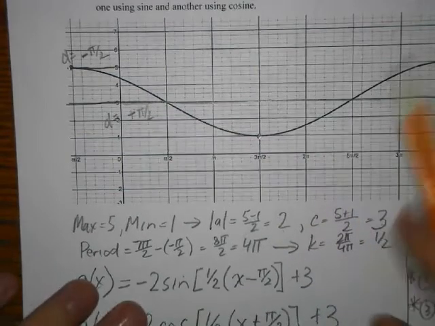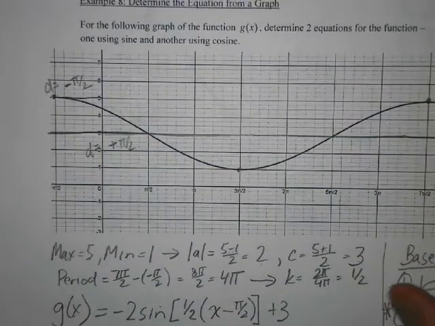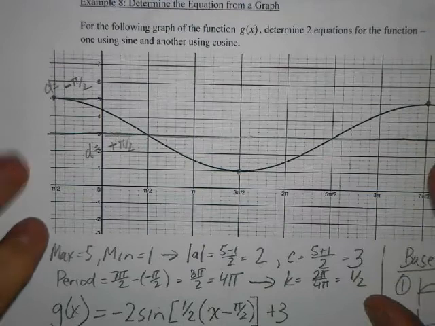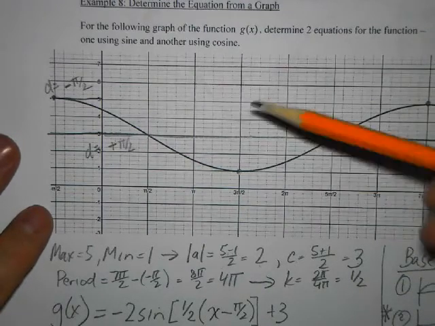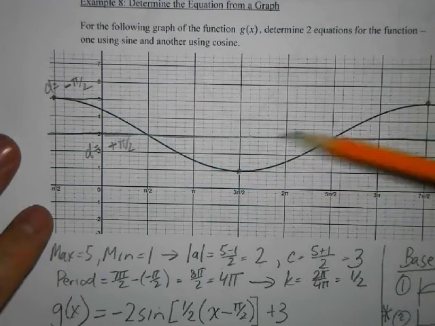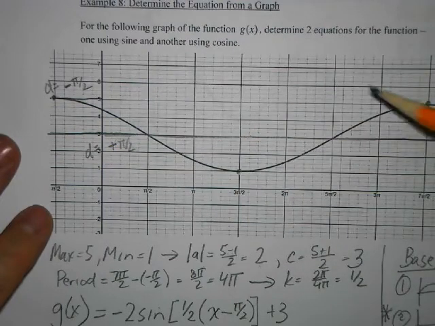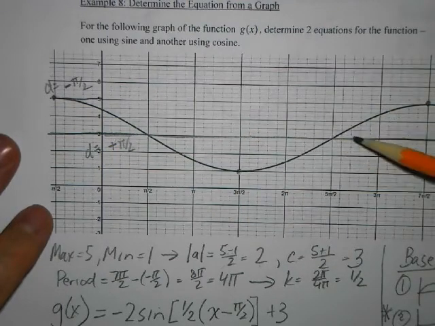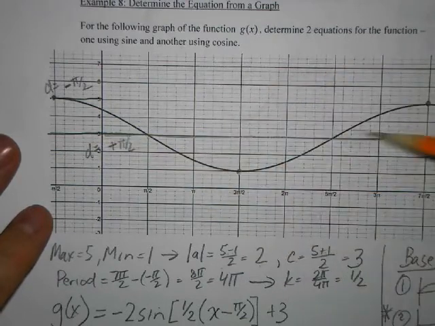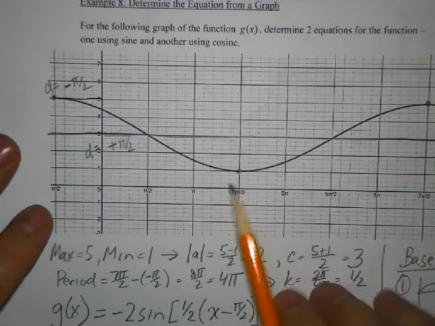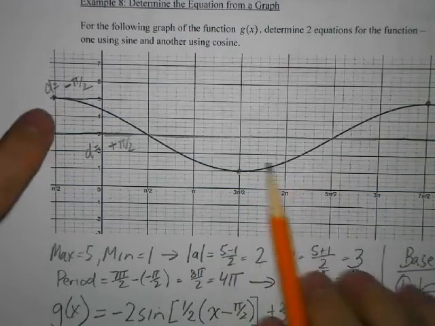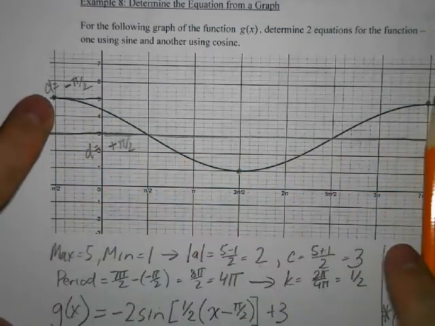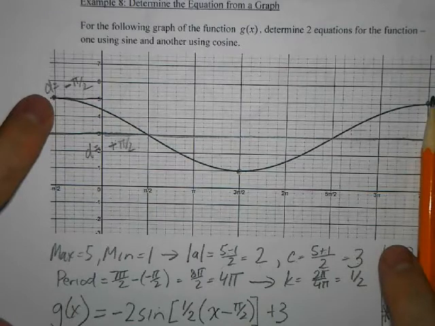And then what I do with these, this is usually the hard part for most students, is how to calculate the period. Some students will try to figure out from the middle, and that's really a bad idea, because your period will cross through here several times. But if you remember, if I go from one max to another, or one min to the next one, that's one period.